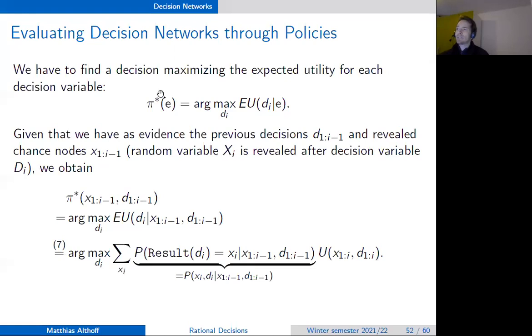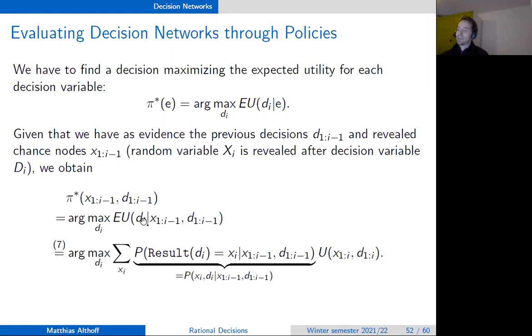So what we always have is that because of the partial ordering, when we make decision d_i, we already know the decisions 1 to i minus 1 and all the chance nodes or random variables from 1 to i minus 1. So then the evidence can be composed of all the revealed random variables and all the revealed decisions.